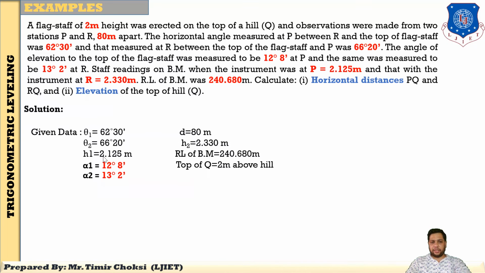Theta 1 is 62 degree 30 minute and theta 2 is 66 degree 20 minute. Then alpha 1 is 12 degree 8 minute and alpha 2 is 13 degree 2 minute. Then small h1 and h2 are given, RL of benchmark is given, and the top of Q is 2 meter above the hill.